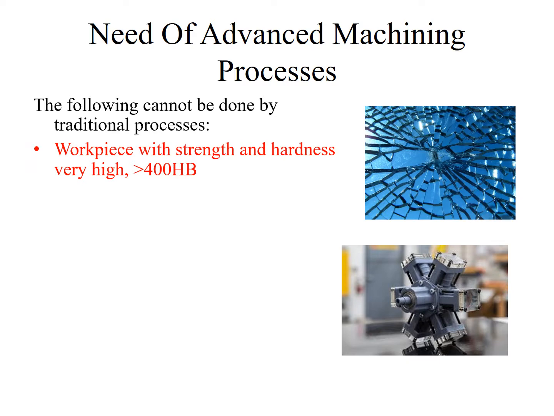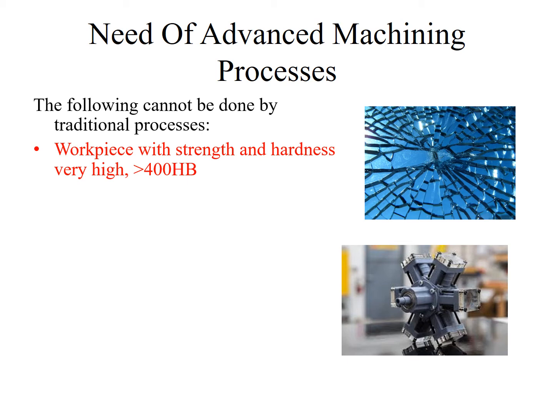The first one is that a workpiece with high strength and hardness, that is more than 400 HP, cannot be machined. We know that technology is vastly improving day by day, and high tech industries like aerospace, transport, and energy sectors have demands for engineering materials with superior properties like high strength, hardness, super finish, high temperature resistance, and many more.